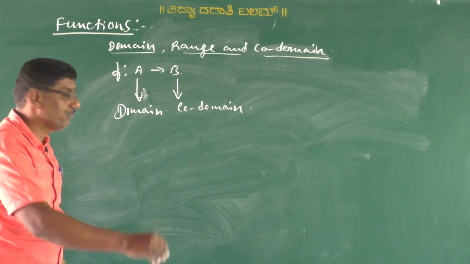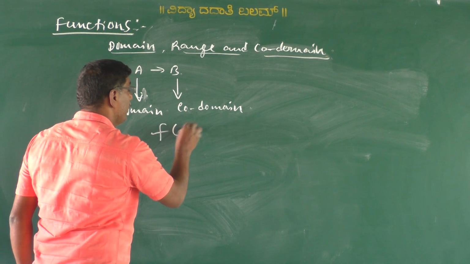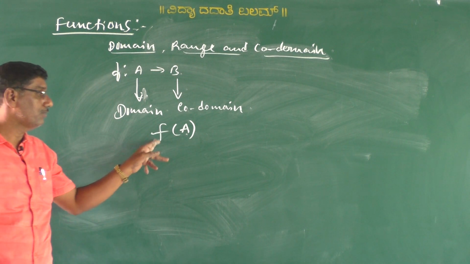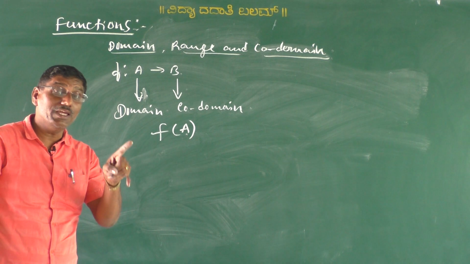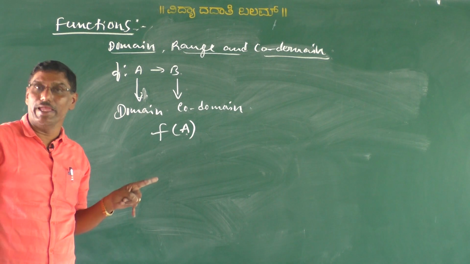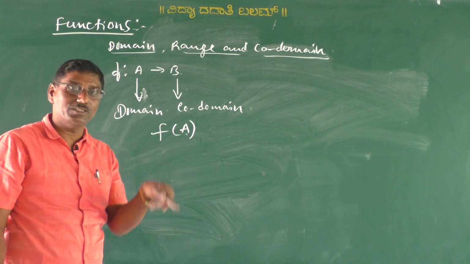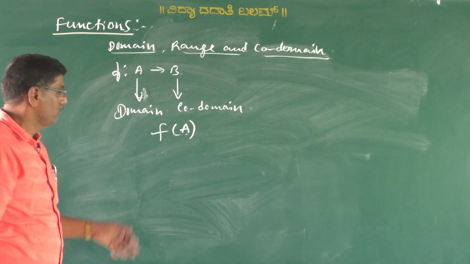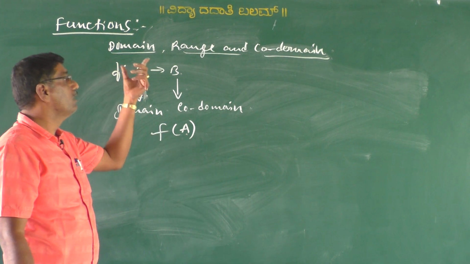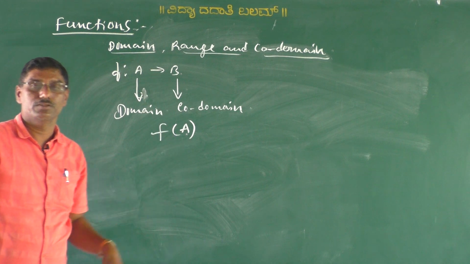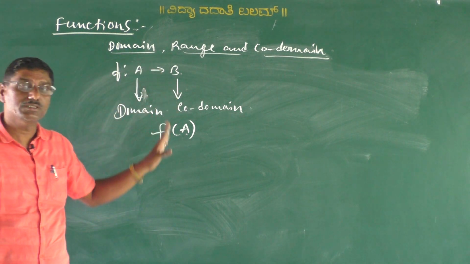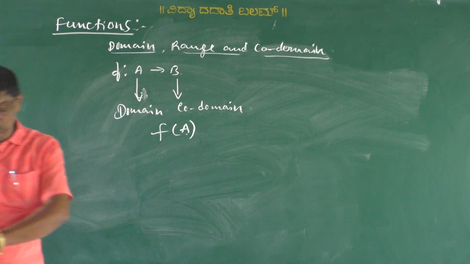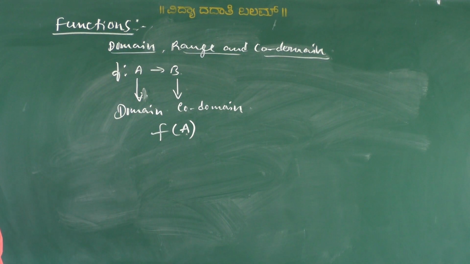Generally, the range of f is denoted as f of A. Are you understood? Such images we call the range of f. Yes, my dear students, these are the 3 elements of a function.